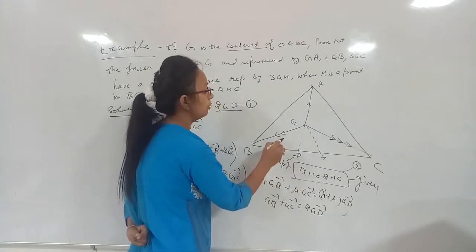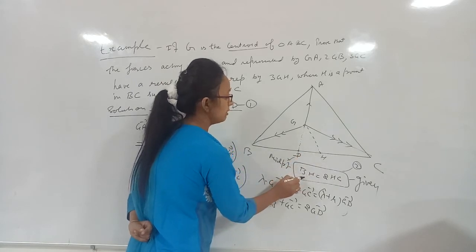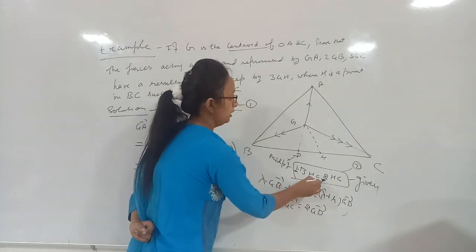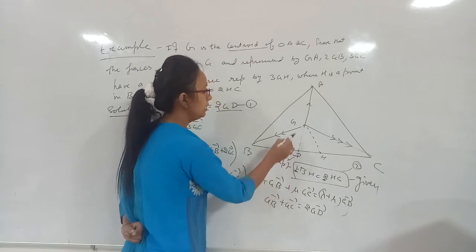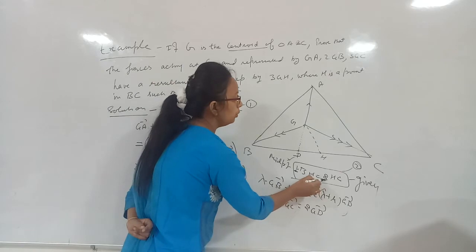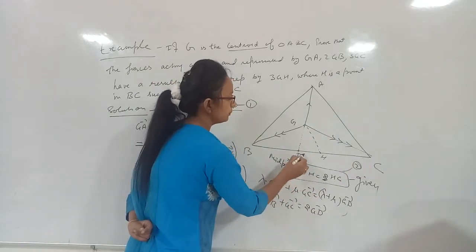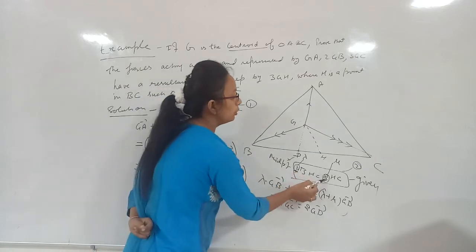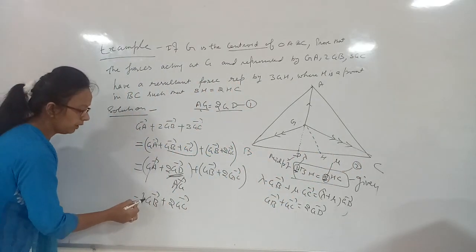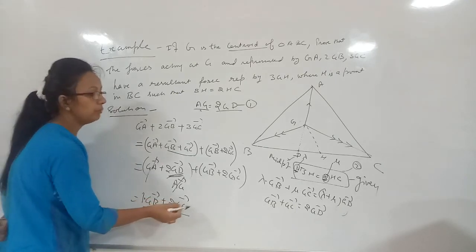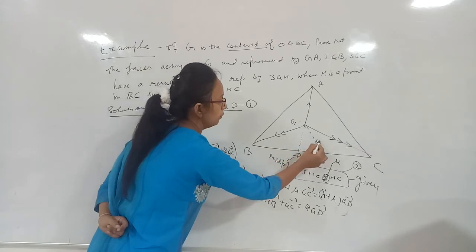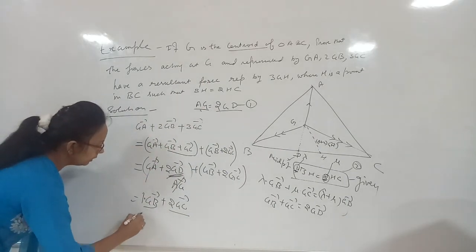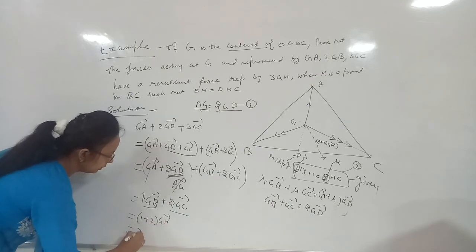If lambda is 1 and mu is 2, then the resultant of 1 GB plus 2 GC, by the lambda mu theorem, will be equal to 1 plus 2 times GH, which is equal to 3GH.